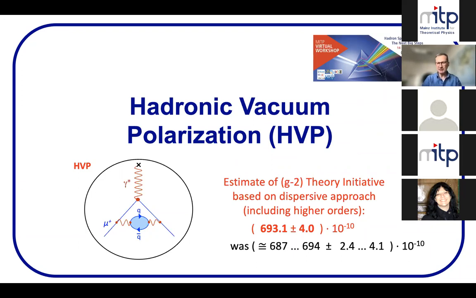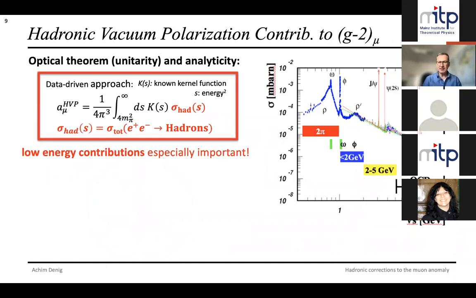So how is it actually done? It is done in a data-driven method, at least in the G-2 theory initiative so far. It's a method which is well known, which is precise, and which requires input from the hadronic cross-section, from the cross-section e+ e- into hadrons.